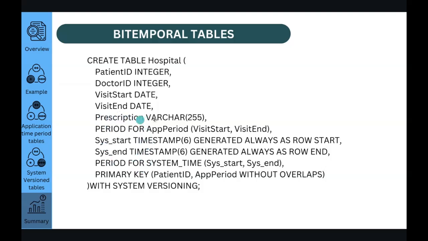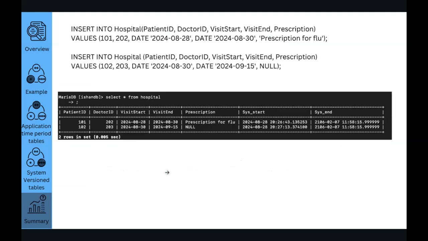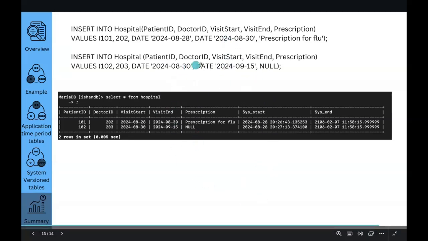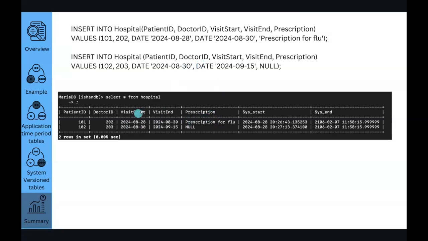These are the constraints of our primary key, and this is an example of inserting into this, where only the manual date for the visit start and visit end, which is the valid time, is input, and the other time, the system start and end, is automatically input by the machine. So if I insert these two rows and output the table, I'll see both, and as you can see, there is a visit start and end which was input manually, and the system start and end which was input automatically. Thank you.